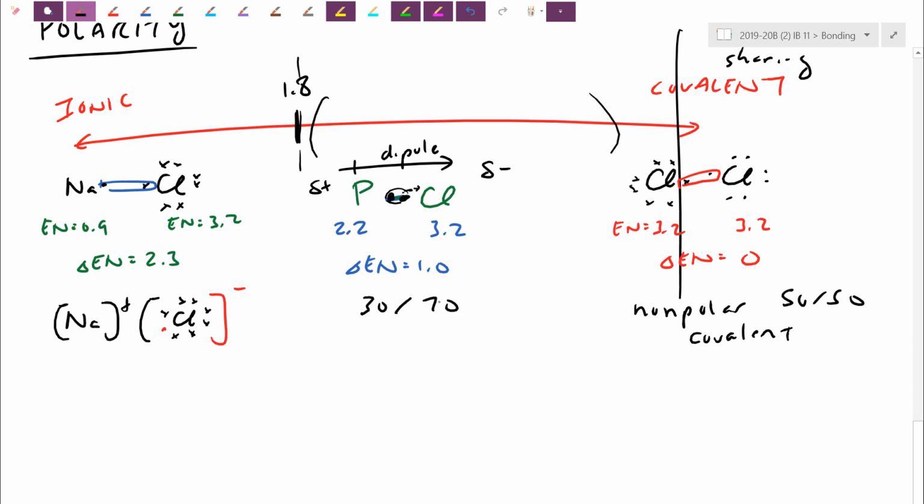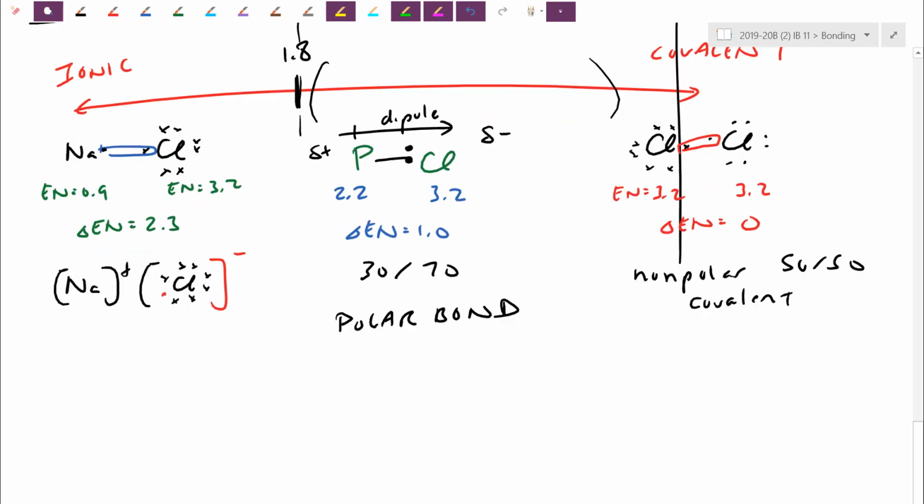Two interpretations. You can interpret it as, yes, I know a single bond here is 2 electrons, and the 2 electrons sit closer to the chlorine than the phosphorus. Or a more correct interpretation is electrons are constantly bouncing around phosphorus and chlorine, and we're going to end up with the electrons spending more time with the chlorine side than the phosphorus side. What we created here is called a polar covalent bond, or for simplicity, a polar bond.